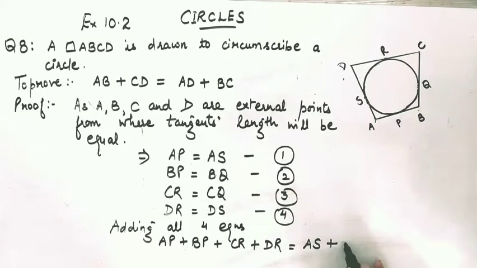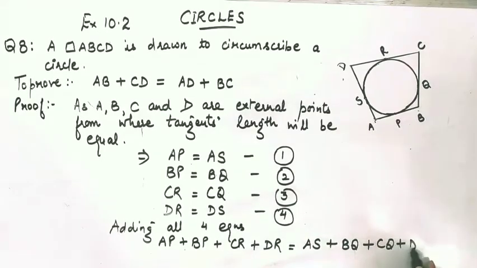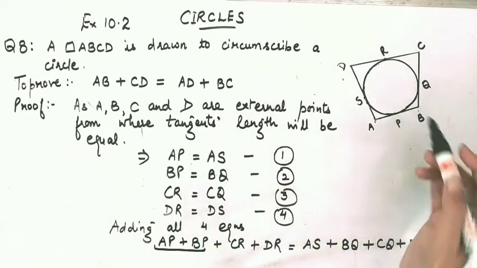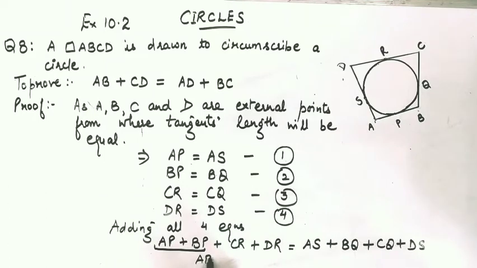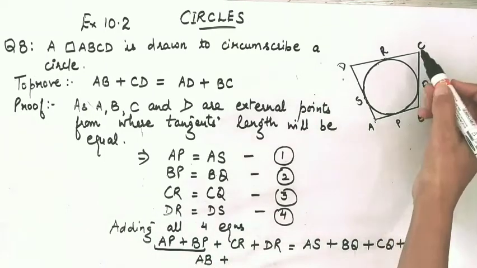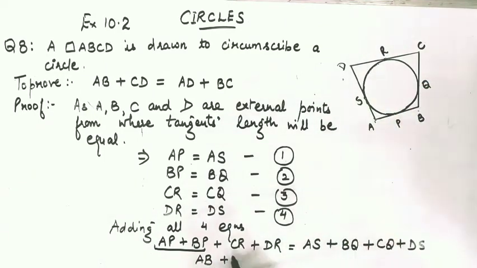Straight away we are going to add AS, BQ, CQ, DS. Now look at this, AP and BP. If these two are added, it becomes side AB. CR, DR. Adding these two, what do we get? We get side CD.